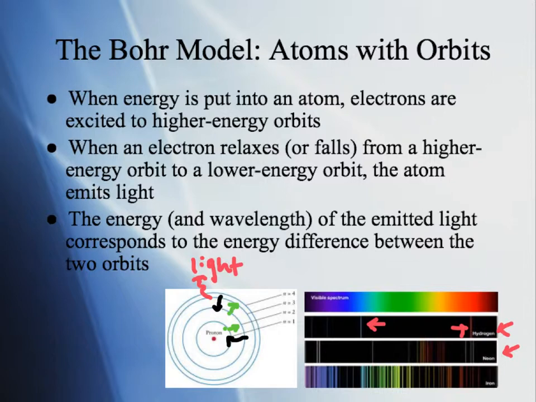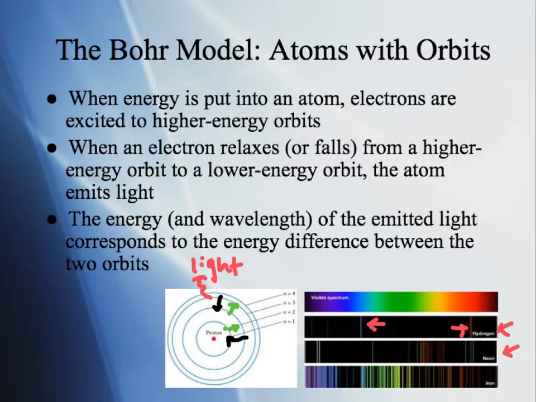Neon has more electrons than hydrogen, so we're going to have more little lines, and they're going to have specific wavelengths due to the energy that it absorbs and releases as those electrons jump from one energy orbit to another. And iron has more electrons than neon, so we're going to have more and more different bands of light as we get more and more complicated orbits.